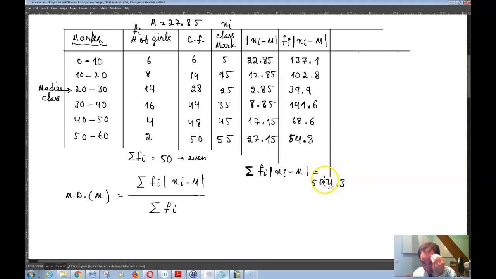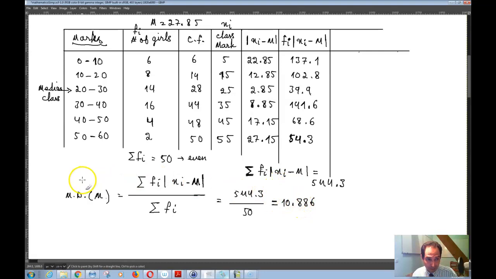Then the mean deviation about the median is 544.3 divided by 50, which gives you 10.886.